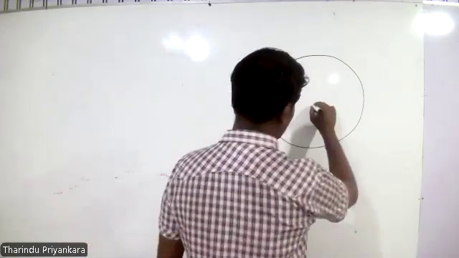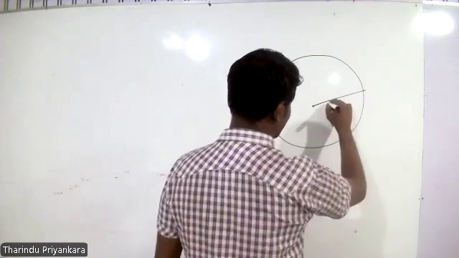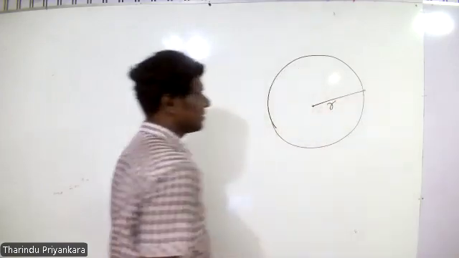This is the circular path. This is the radius. Okay.